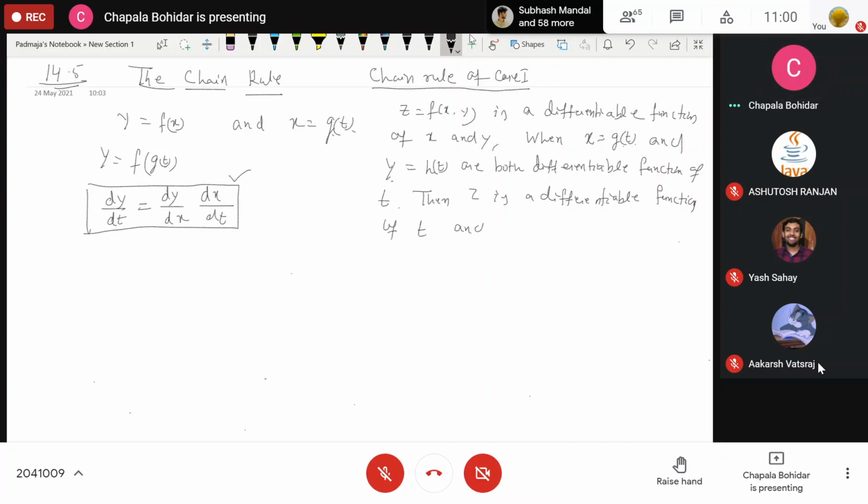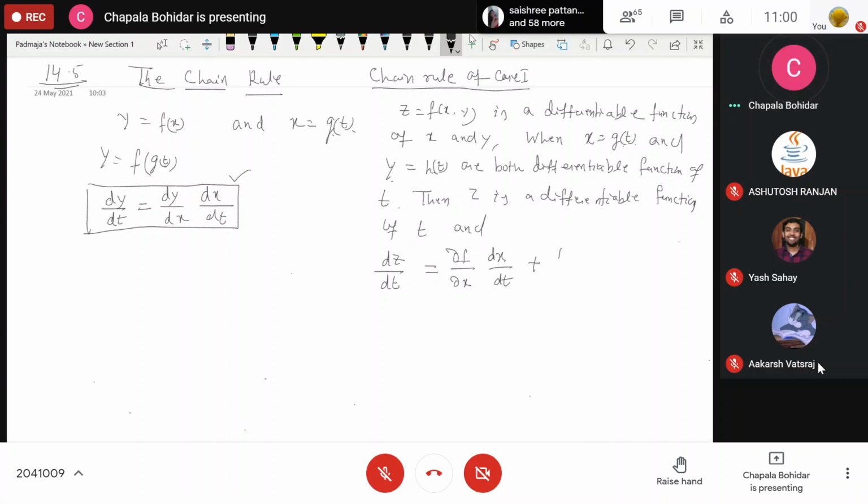And you see, z is ultimately a function of t only. So we write dz by dt, not del z. Though f is a function of two variables x, y, we write del f by del x, then x is a function of one variable t, so we write dx by dt, not del x by del t, because x is a function of one variable.